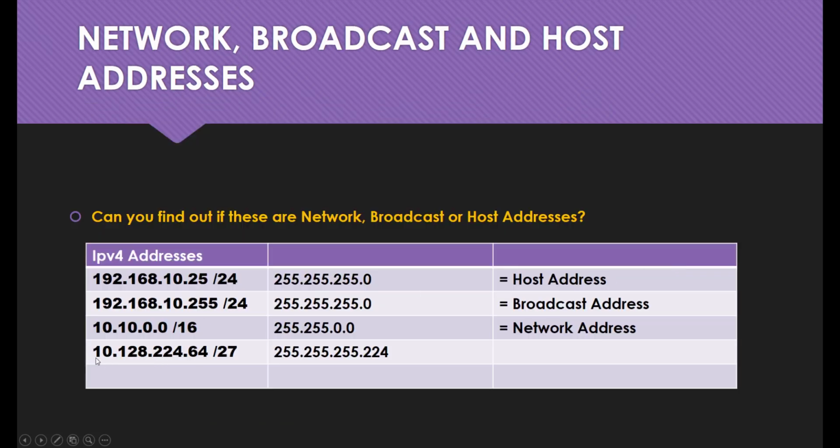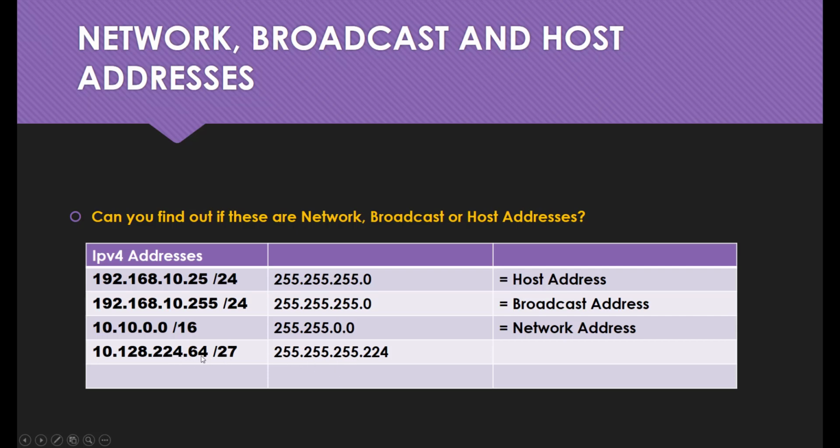So let's try the last one. It says 10.128.224.64/27. So clearly we can see that this is a classless addressing, and we notice that it has a subnet notation of /27, which means that the first three octets, which is 8, 8, 8 bits, which makes 24 bits, are all network portions.